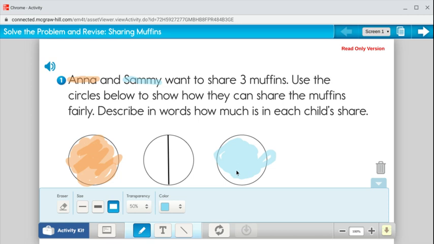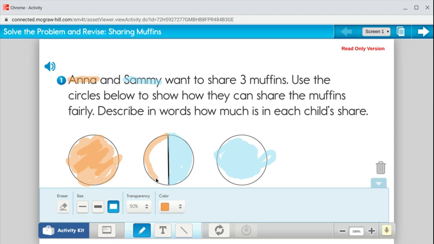Right, so this part over here can go to Sammy. This can be his part right here. And this part over here can go to Anna.